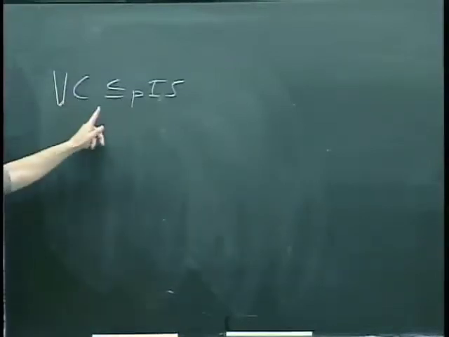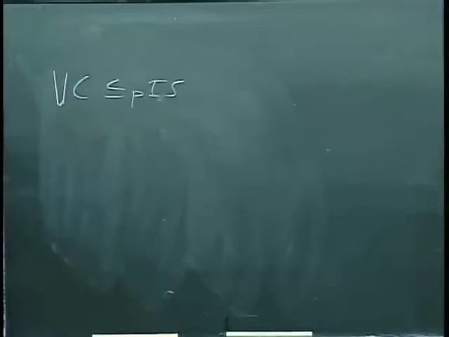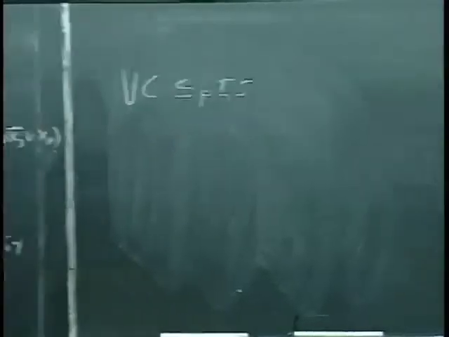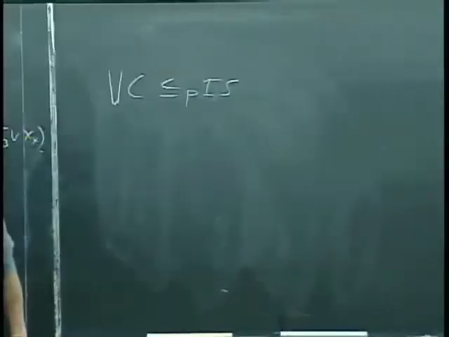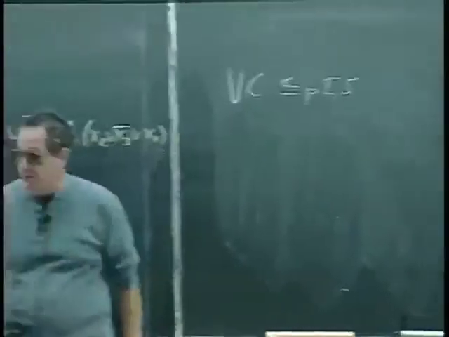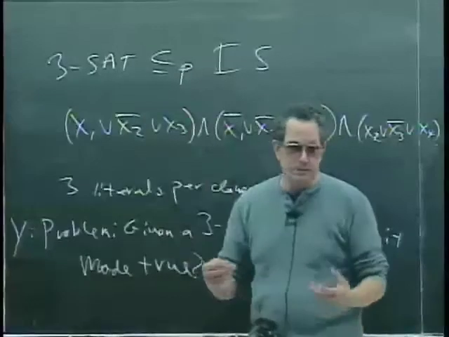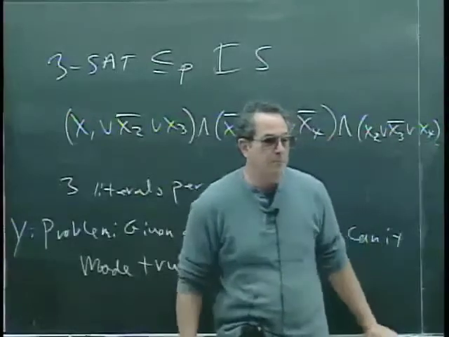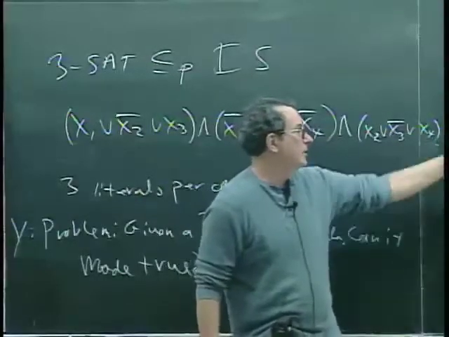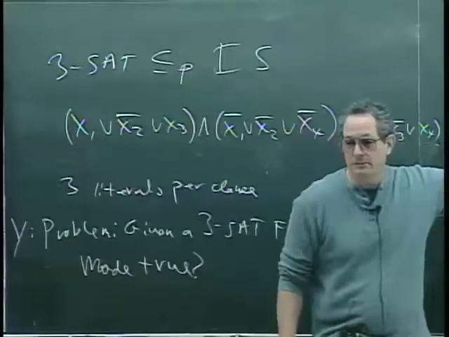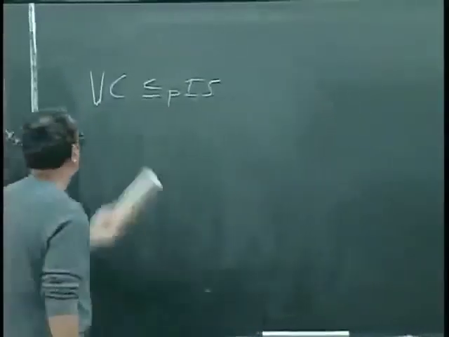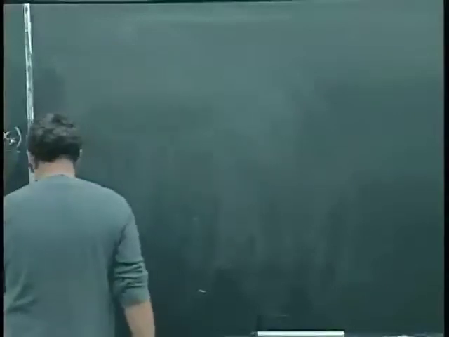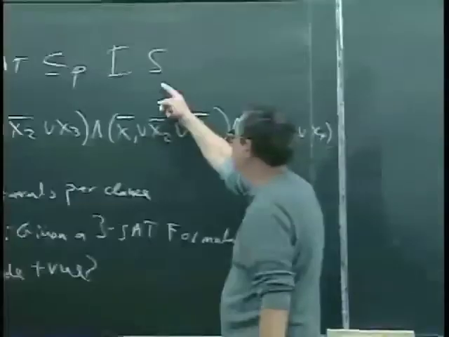But in this actual reduction, how many calls to the black box did we make? Just one. Now 1 is a constant, so that's certainly bounded by a polynomial function. And it's very common that even though the definition allows many calls, as long as the number of calls is bounded by a polynomial, most reductions that we know only make one call, and that's fine. Okay, so in fact that's what's going to happen in the 3-SAT reducing to independent set.